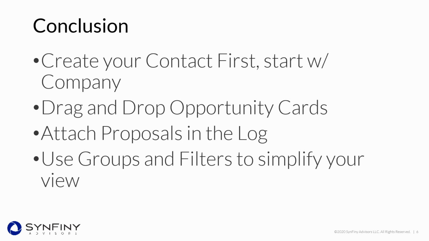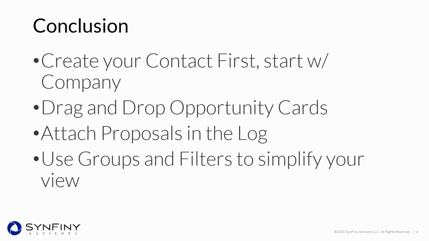So thanks for joining me on this walkthrough of the CRM pipeline utility. I know the video's gone a little longer than last week's. And in conclusion, we talked about how you should create your contact first before you make your opportunity. You should start with the company and then attach people to that company.